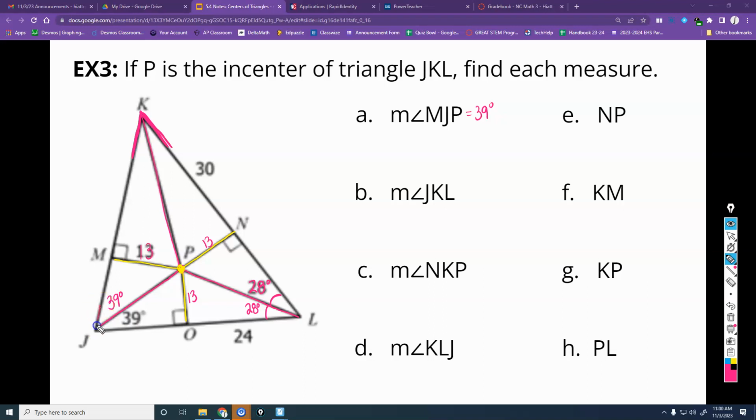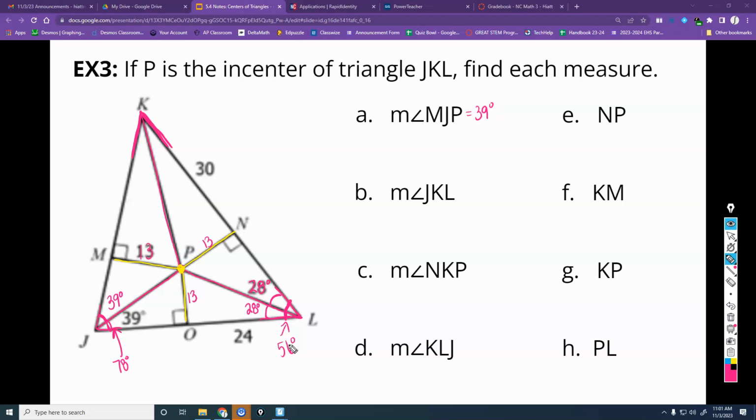Okay, so that whole angle right there is 78. Okay, what else? L is 56, so this whole angle right here, which we probably can't call L, we have to call it JLK, but I think I know what you're talking about. So that's 56 degrees. All right, why is that helpful?